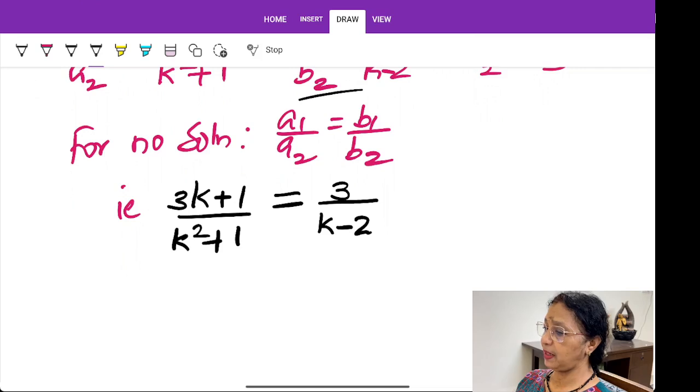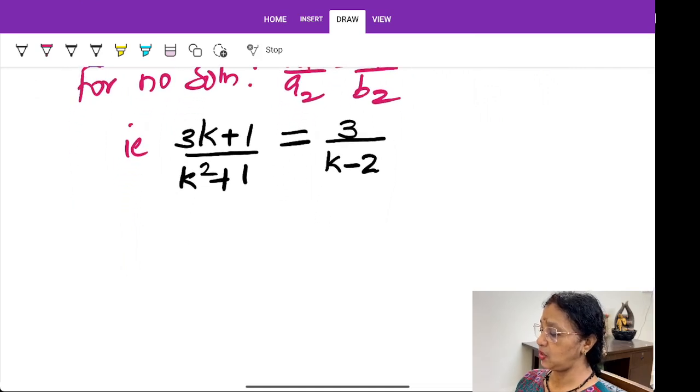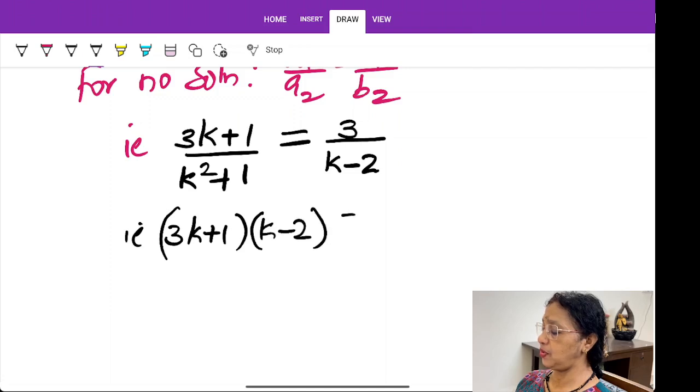Now cross multiplication. So that is (3k plus 1) into (k minus 2) is equal to 3 into (k square plus 1). Clear?